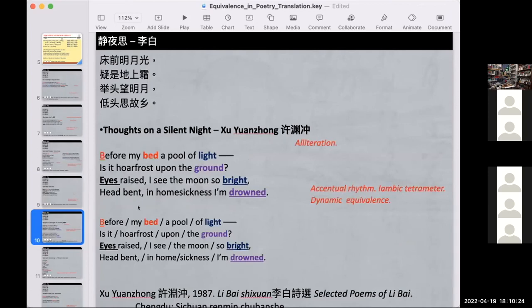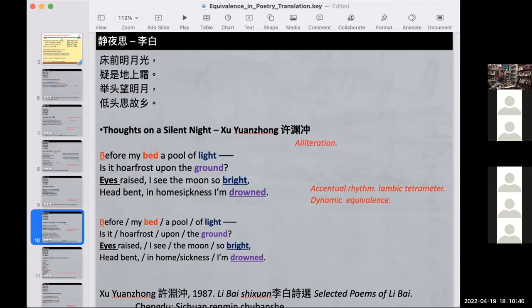Another translation is by a Chinese translator, Xu Yuanchong, a very famous Chinese translator who is very well known for translating classical Chinese poetry into English.